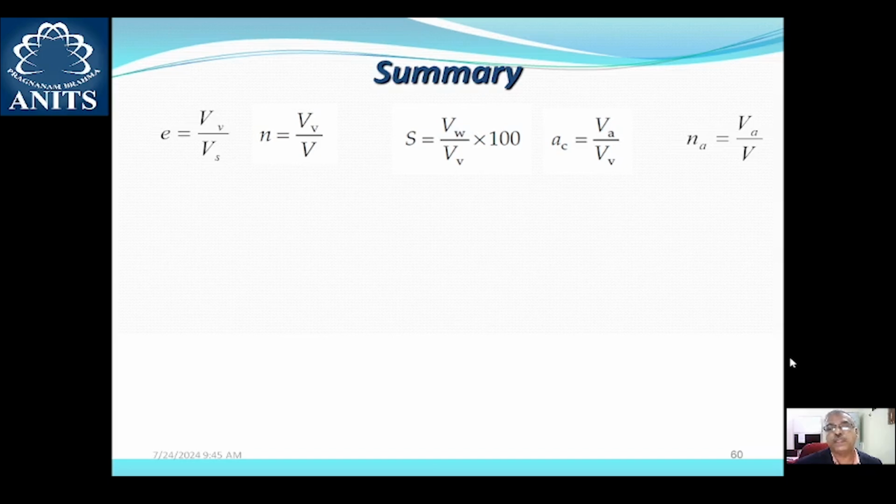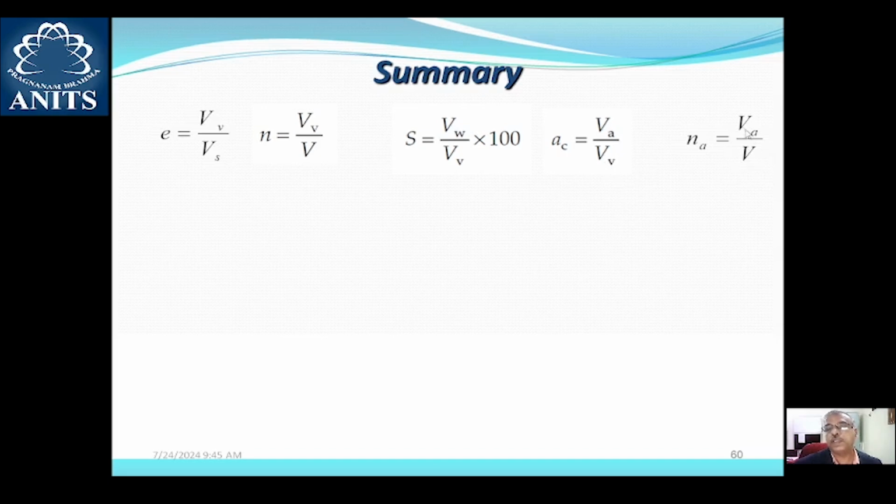For percentage air voids and air content, the numerator is the same. The volume of air is expressed as a proportion of the volume of voids in the case of air content, and of the total volume in the case of percentage air voids.